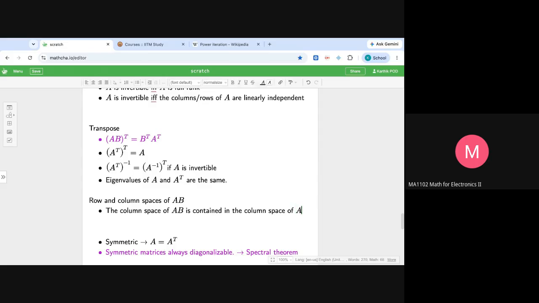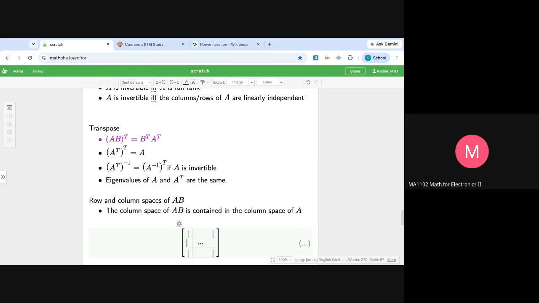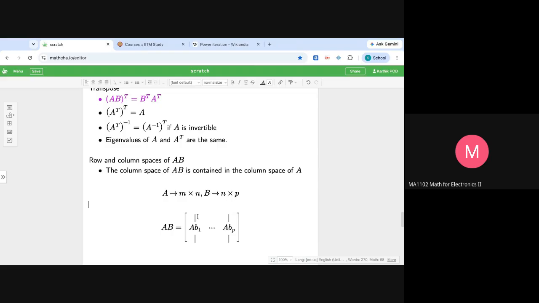The way it will look is, AB will be A into the first column of B, and so on till A into the last column of B. If A is M cross N and B is N cross P, so that it's compatible for multiplication, then if you call the columns of B, B1 to BP, you have AB.